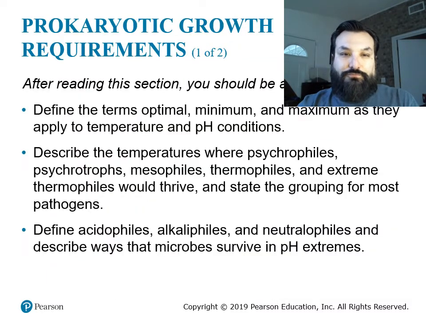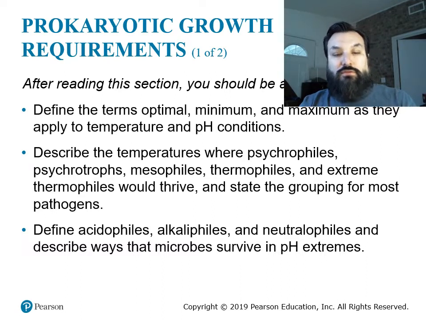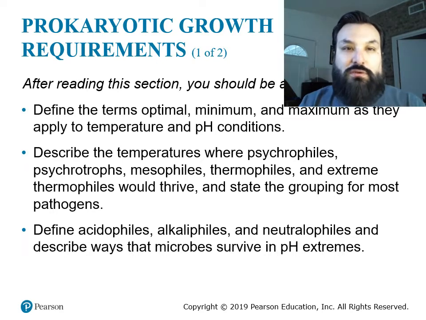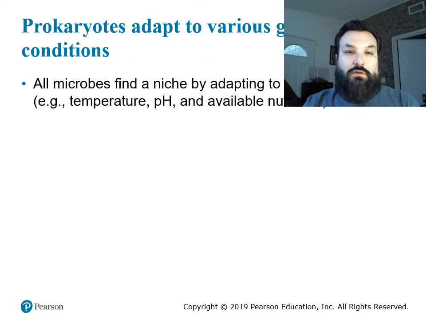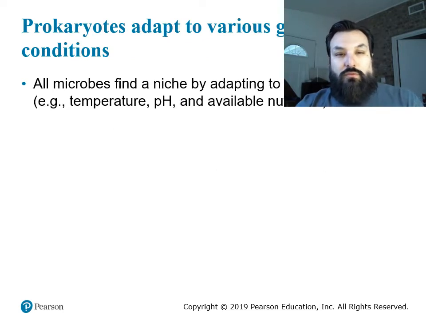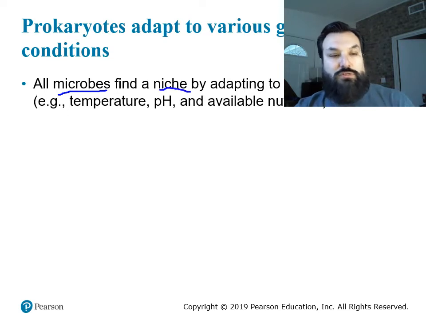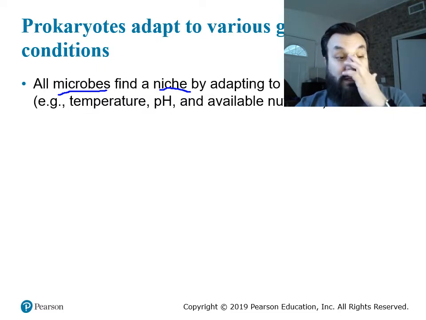Okay. All right. So we're going to look at prokaryotes and their growth requirements here. We'll look at these basic growth requirements, and again, these mirror right into environmental stuff as well. So all microbes on Earth find a niche. A niche is a particular place or particular conditions that an organism prefers to live in.